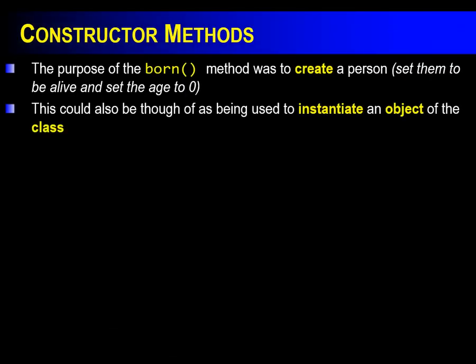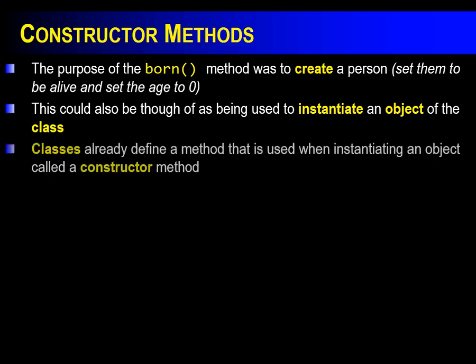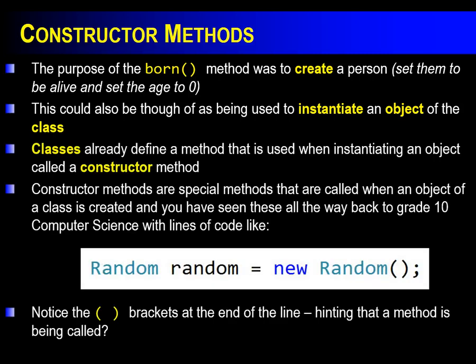Okay, and that was what our born method was going to do. It was going to create a person, set them to be alive and their age to 0, which is when we would be instantiating, that's when we'd be creating an actual person and turning them into an object, or instantiating the object. This is something that classes do. They use this when they construct something.